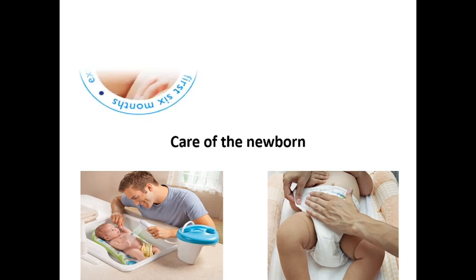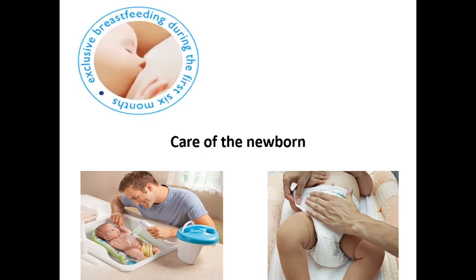That's cleanliness. When it comes to feeding after delivery, for the first 6 months the baby has to be fed only with breast milk. The baby should not be given even a single drop of water. It has to be only breastfeeding up to 6 months. This is called exclusive breastfeeding.